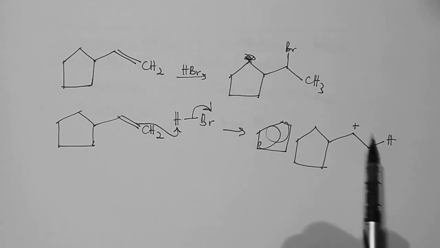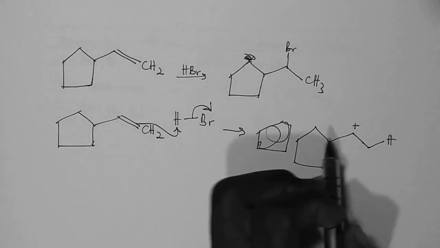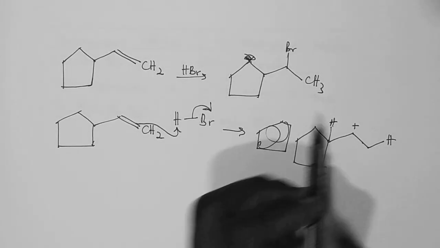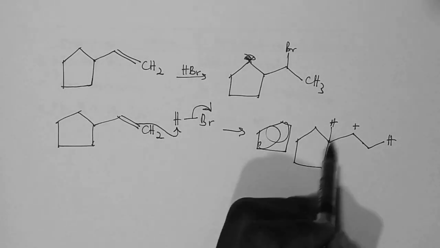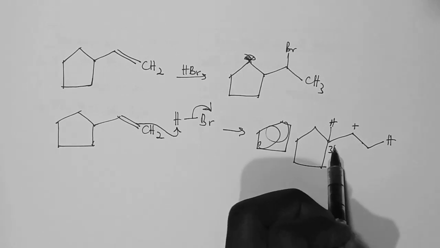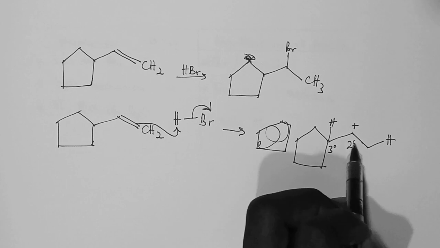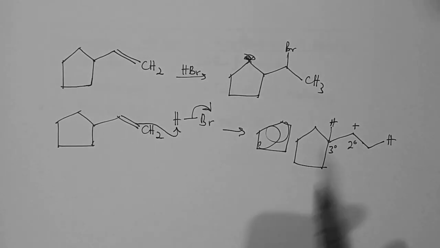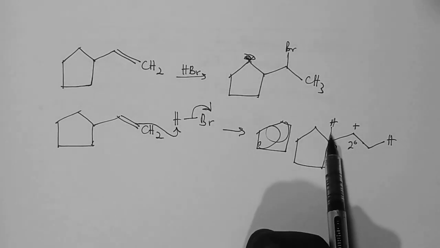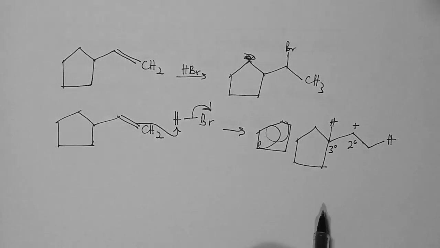Now, this is not what will happen. The thing that will actually happen is that we see that this carbon is a tertiary carbon, and this carbon is a secondary carbon. So there is going to be what is called the hydride shift.